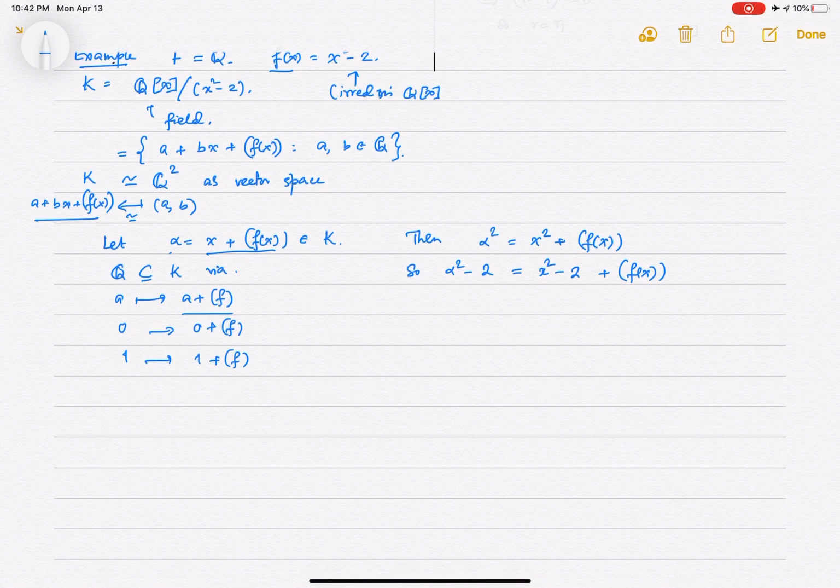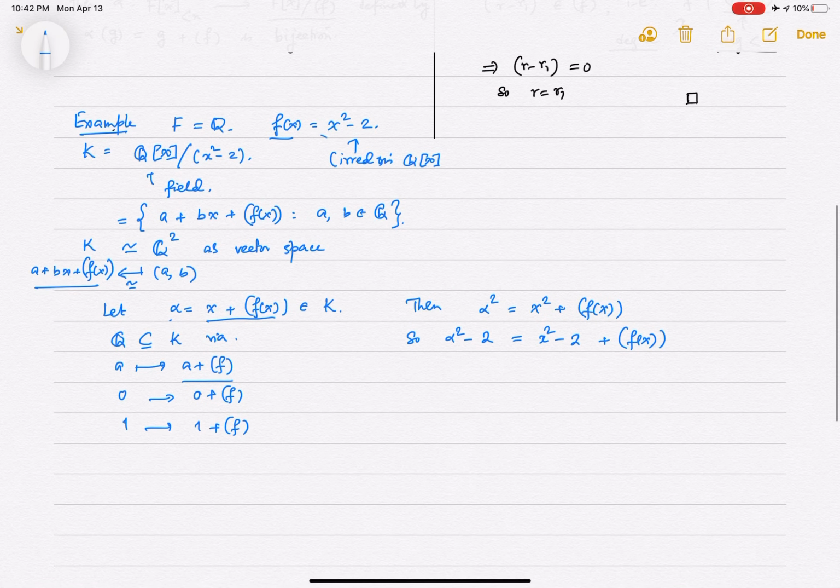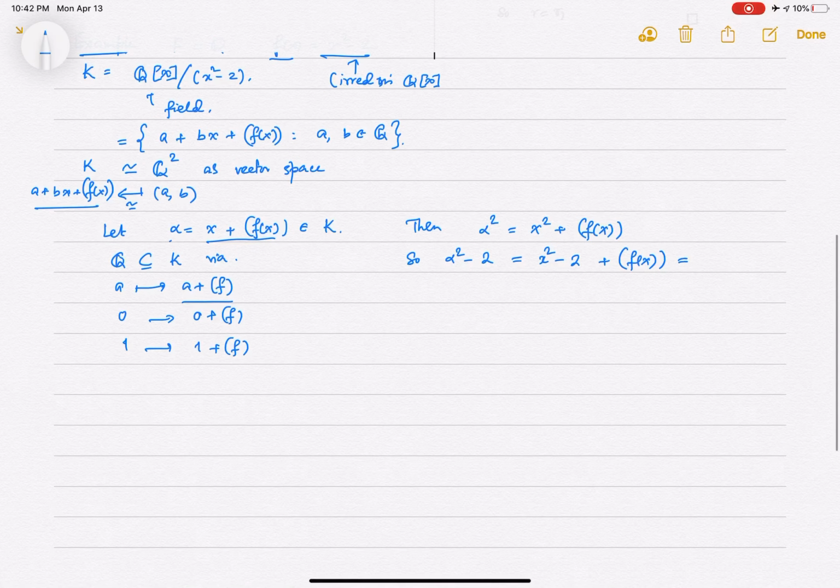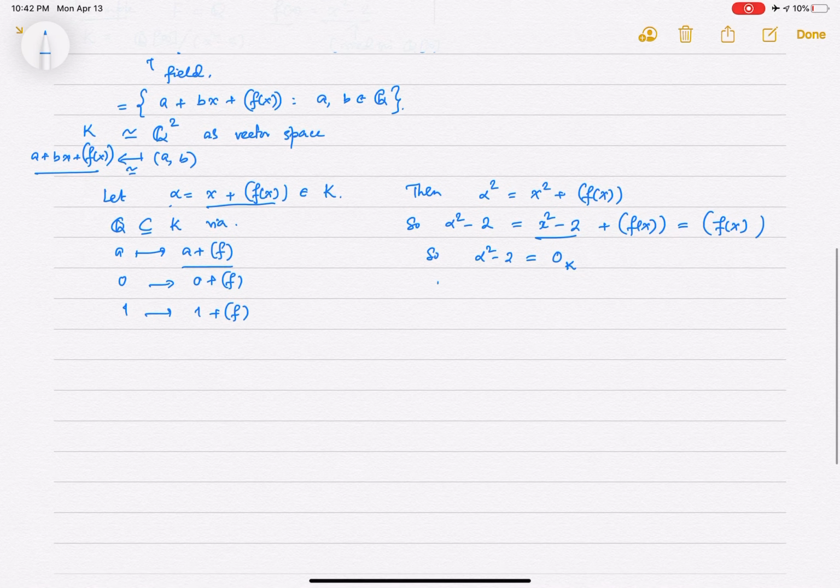But x squared minus 2 is my polynomial, isn't it? So this is in the ideal, which means this is just the same as the ideal. Which means alpha squared minus 2 is the 0 of this field. Which means alpha squared is 2 in this field. That is after you have identified the rational number 2 with the coset of 2 in K, by the way.